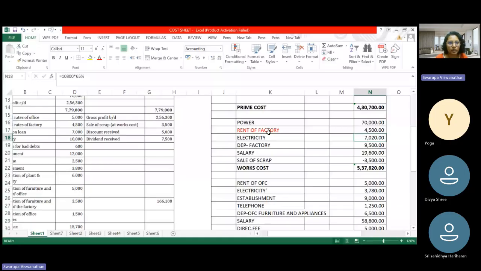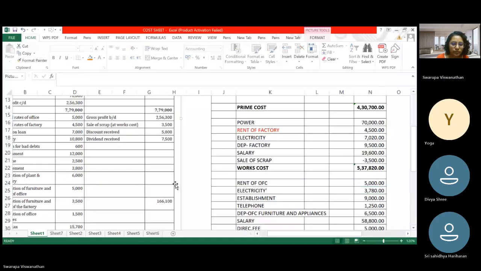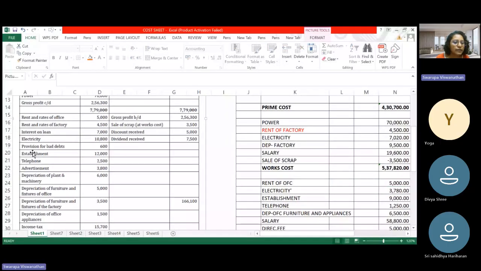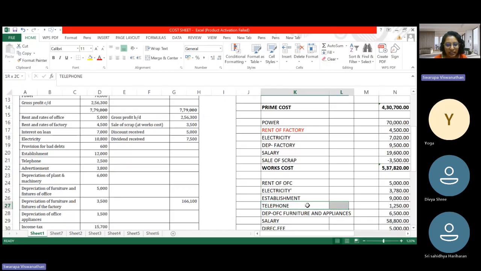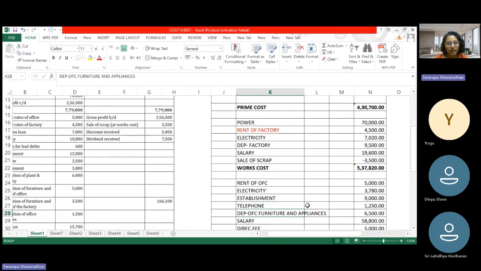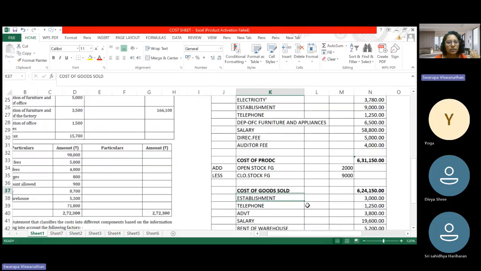At the same time, you go down and fill up the electricity expense under admin overheads also, 10,800 into 35%. Telephone expenses 2,500, so it is 50-50 between sales and admin. So telephone expenses 1,250, you have to record under admin overheads. Then come down and record 1,250 under your sales overhead.